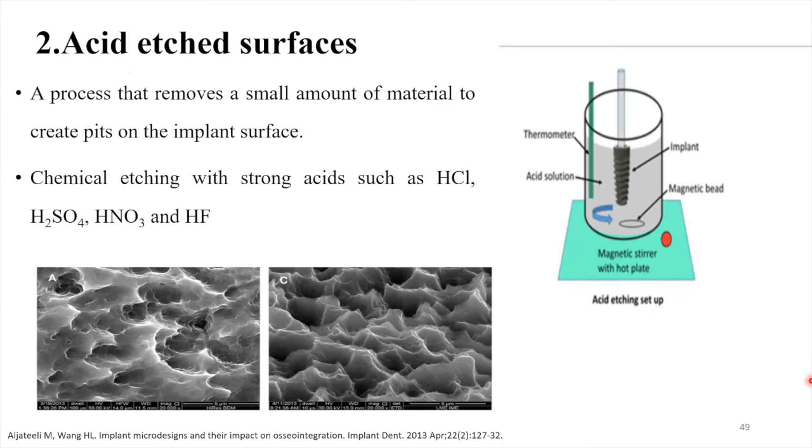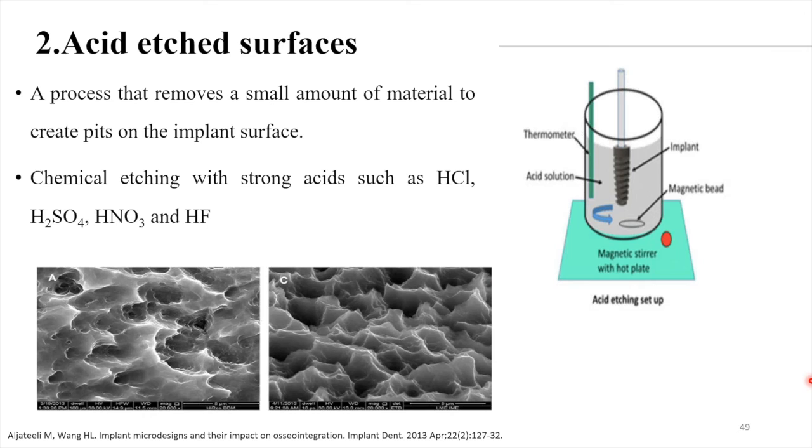Coming to acid etch surfaces, here it's a process that removes small amounts of material to create pits on the implant surfaces. Chemicals such as hydrofluoric acid, sulfuric acid, nitric acid, and hydrochloric acid are used. So it was proposed to modify the implant surfaces without leaving any residue, which was found after sandblasting, and to avoid non-uniform treatment of the surface.